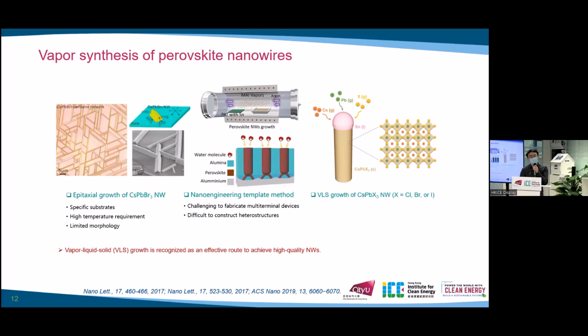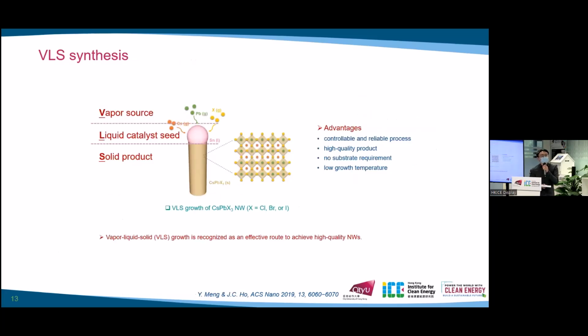Different from these methods, VLS may be a better choice. What is the VLS growth? This picture shows the brief growth mechanism. The vapor source comes into the liquid catalyst seed, and after oversaturation, the solid product is obtained. Because of the VLS growth features, the VLS has some advantages.